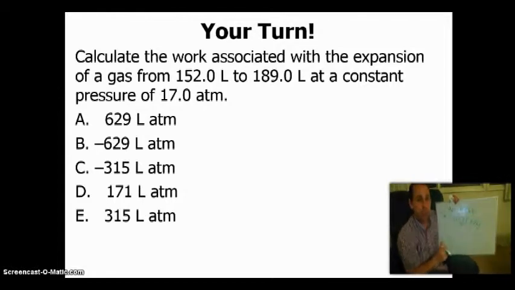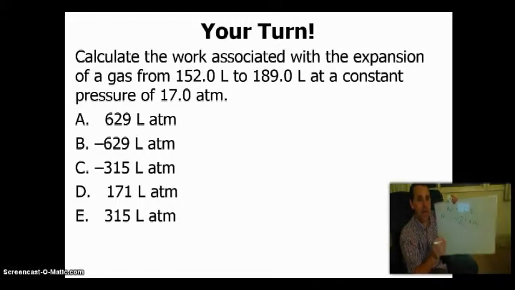Now it looks like A and B are both 629. So how do we know if it's positive 629 or negative 629? Well, we got a negative here, but we want to make sure we did it right, make sure we didn't just confuse ourselves. Let's double check this. It says we want to know what the work is associated with the expansion of a gas.